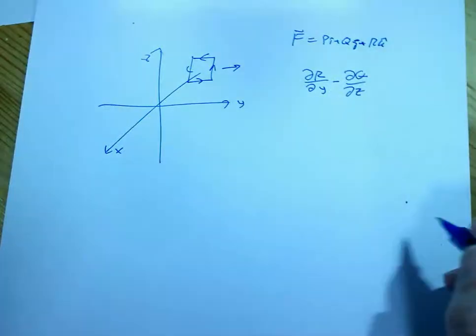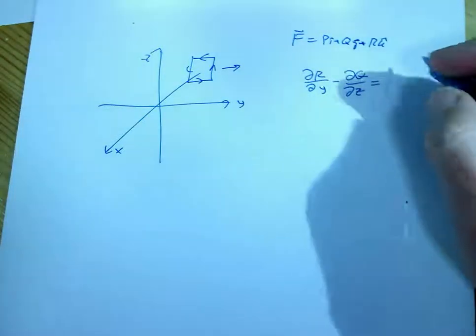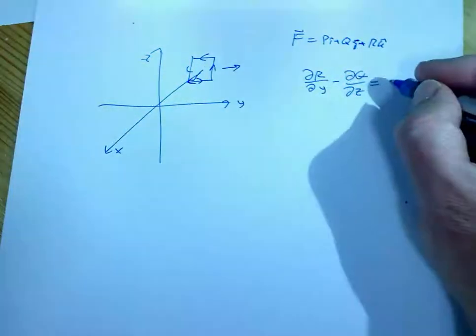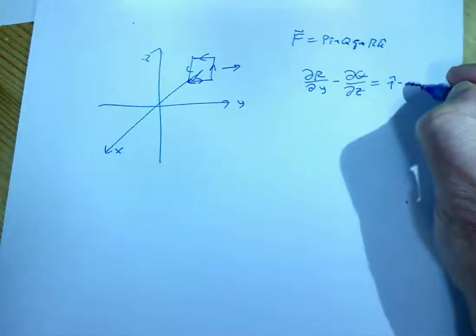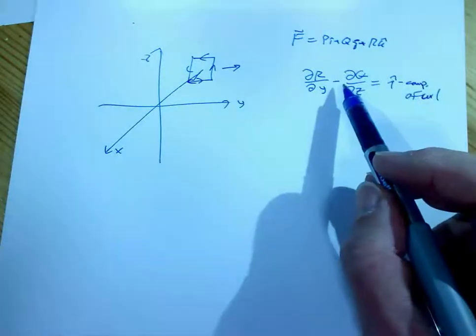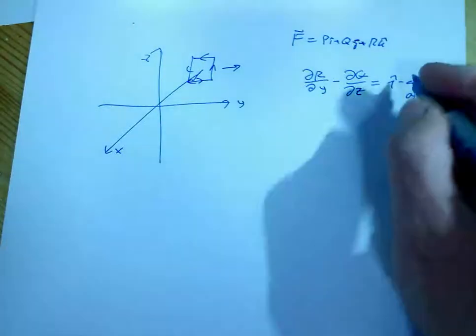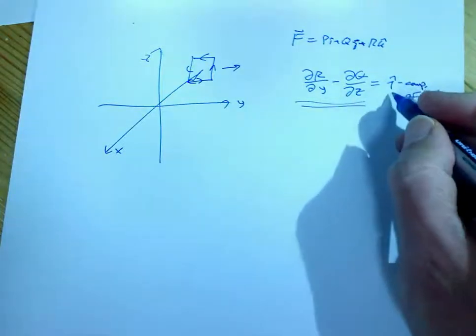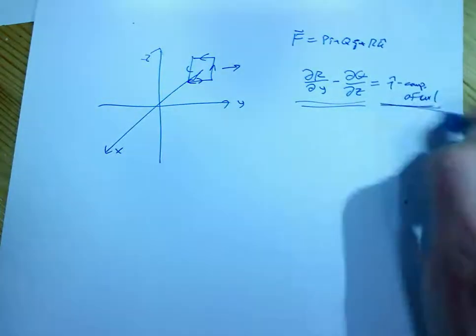I'm pretty sure. You can correct me if I'm wrong on that sign. And that should be the x component, or the i component of the curl. Let's see. Yes, that's right.